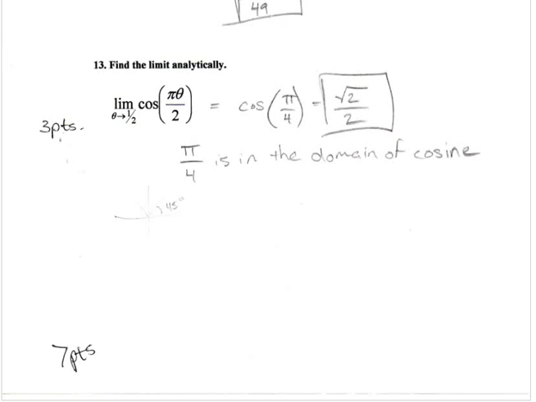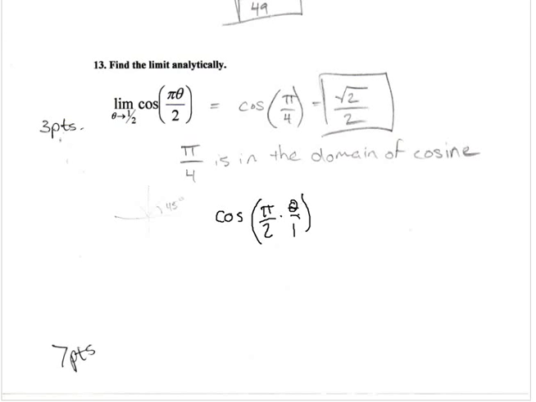Okay, number 13. A lot of people had problems with number 13. Some people did it correctly. Some people did not. Remember that whatever is inside of a function cannot come outside of the function, unless it's evaluated directly or you know some special property of the function. So when I say cosine of pi over 2 times theta, that's the same thing as pi theta over 2, I'm just multiplying by theta over 1 here.